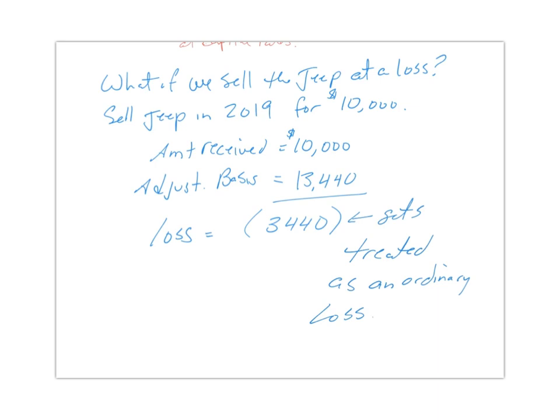So that's pretty cool. So that gets to be netted against your ordinary income and is not limited to that $3,000 a year deduction like a capital loss would be. So those are the three scenarios for Section 1231.